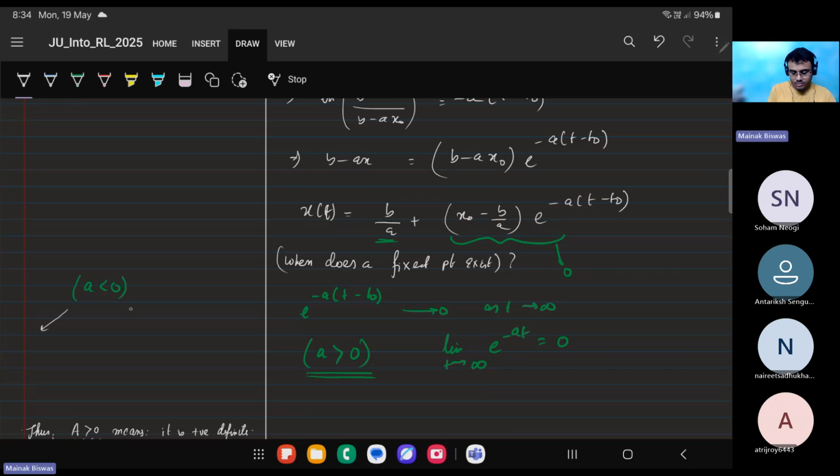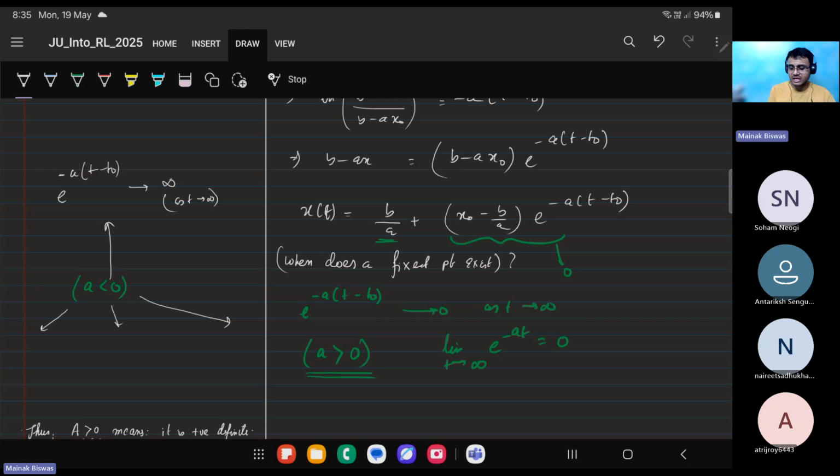You will not have a fixed point. If A is less than zero, what will happen? Tell me. That whole term will become infinite because e to the power of something positive. Correct. So e to the power of minus A(t minus t naught) goes to infinity as t tends to infinity for A less than zero.